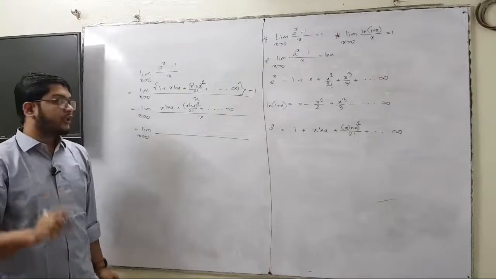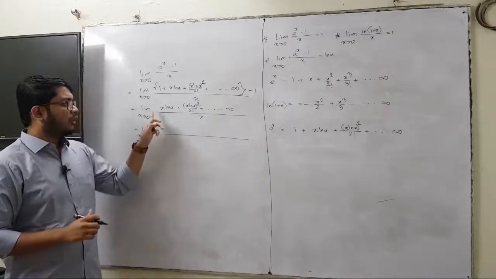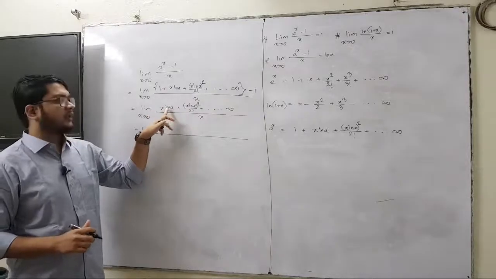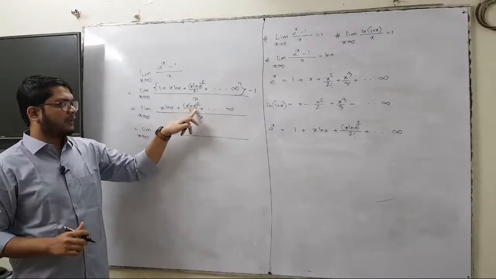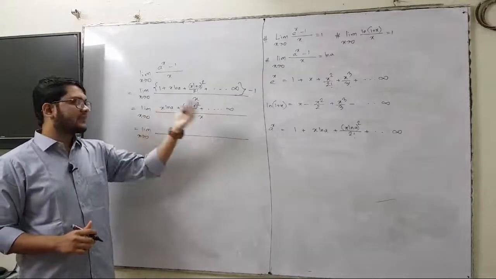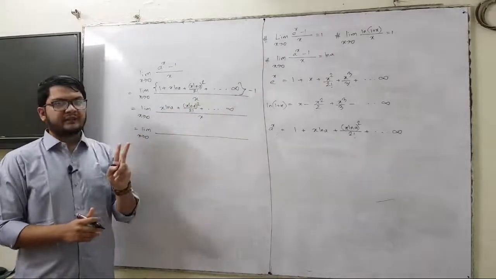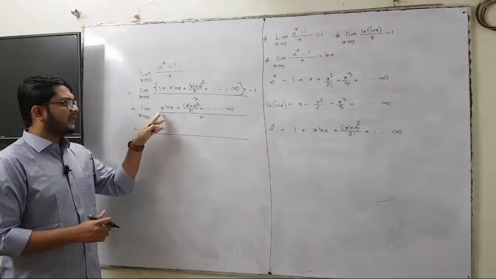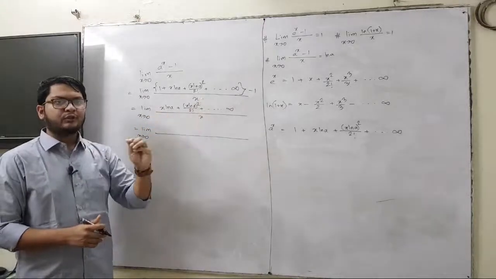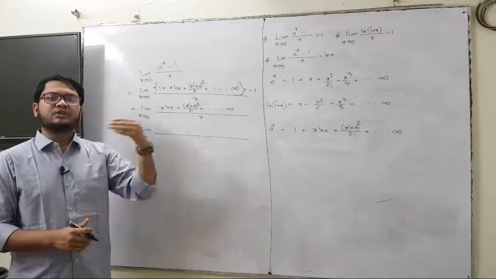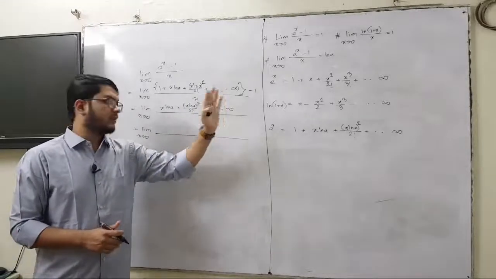What we can observe here is that in all these terms, here you have x ln a, here you have (x ln a) whole square by 2 factorial, and then in the next term you will have (x ln a) whole cube by 3 factorial. So you can take two things common. In the upcoming terms, you always have a higher degree of x. That means x is always present in the upcoming terms.